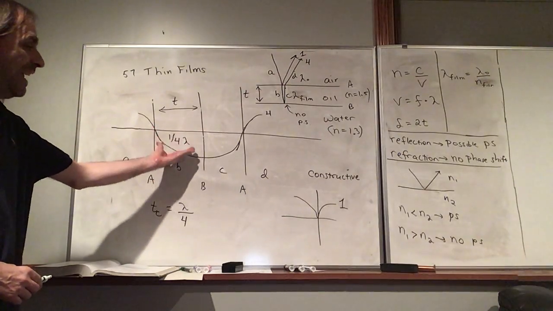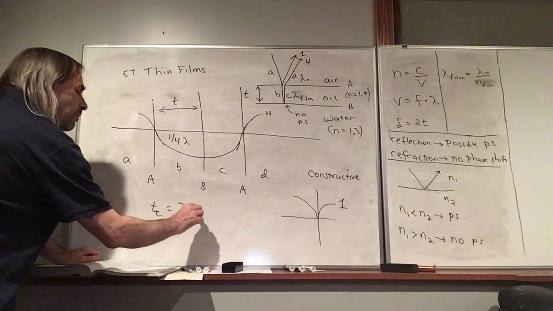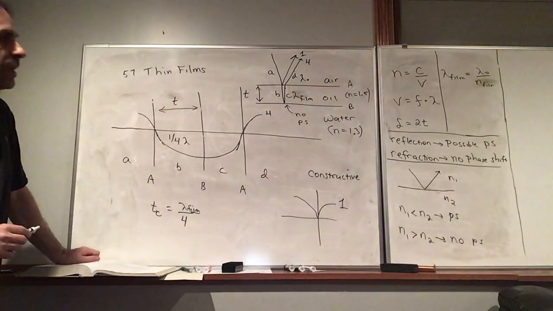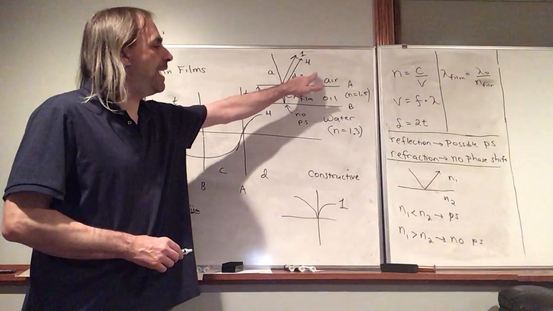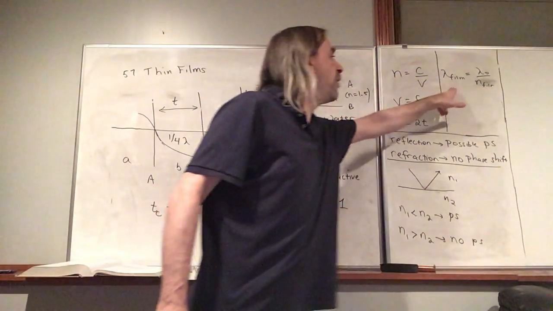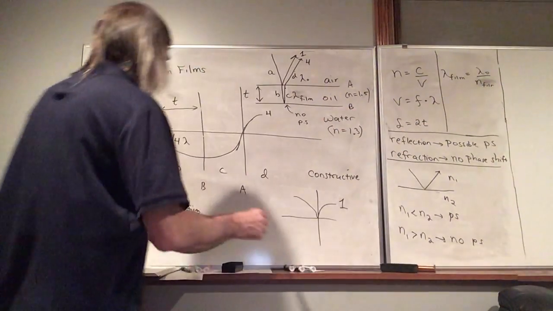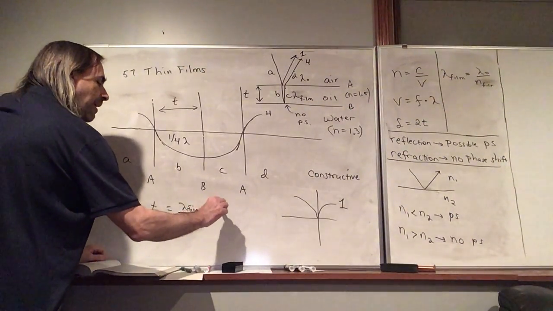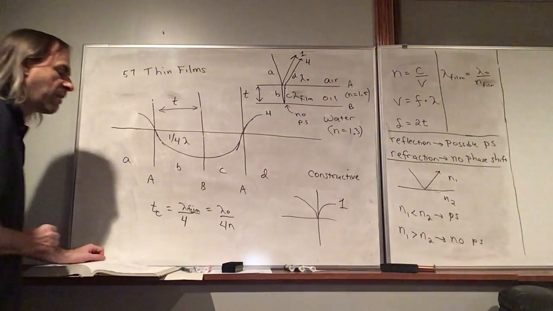Well, this wave is in the film, so this is the wavelength of the film over 4. But we don't know what that is. We were given the wavelength in air, or vacuum, and remember the wavelength of the film is lambda naught over the index of refraction. So we can say that this is lambda naught over 4n.